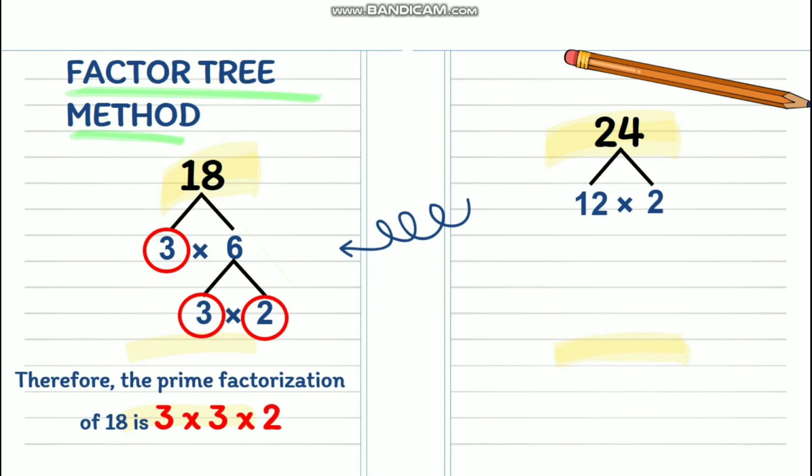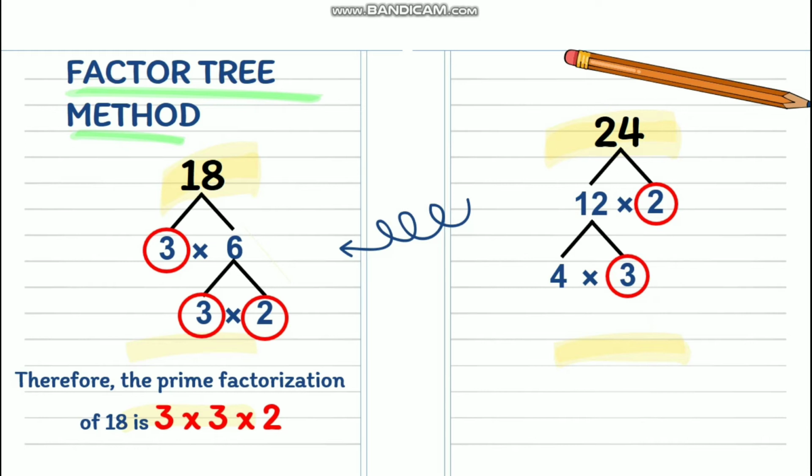And 2 is a prime, so encircle it to indicate that we're done with that number. Since 12 is not a prime number, we will continue splitting it, and we can have 4 times 3. Same process: 4 is not a prime, so we will continue splitting 4. And since 3 is a prime, we can encircle it already.